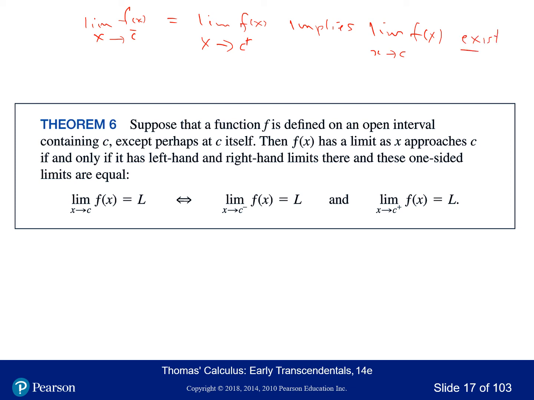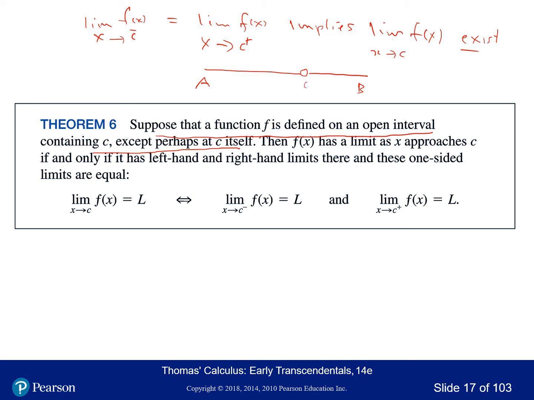It says, suppose that a function f of x is defined on an open interval containing c except perhaps c itself. That means containing everything except c. We say that this is the open interval, let's call it from a to b. This open interval contains all the values of x except when x equals c.